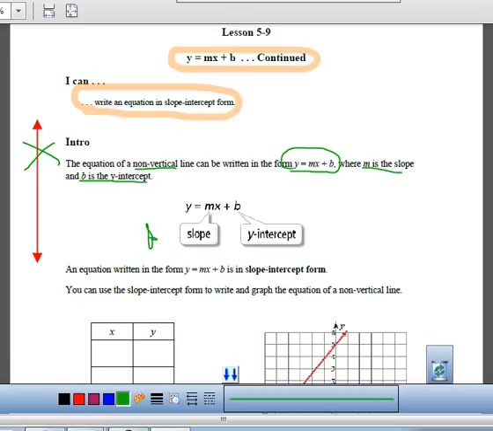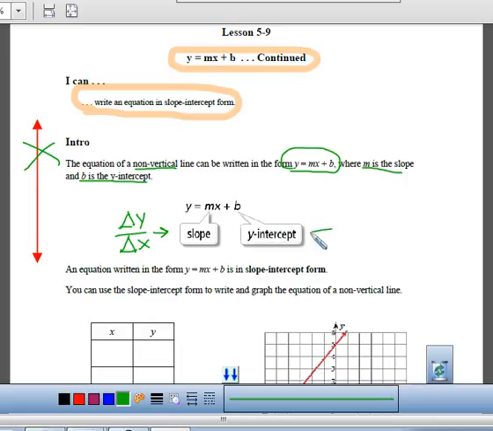Slope is the change in y over the change in x. So write this down. I want you to write it down because that helps you to remember what we're talking about. We want to talk about the vertical change over the horizontal change. Change in y over change in x. That's how we get our slope.